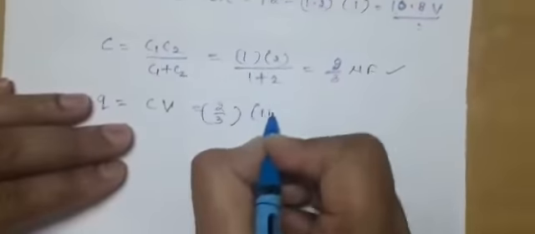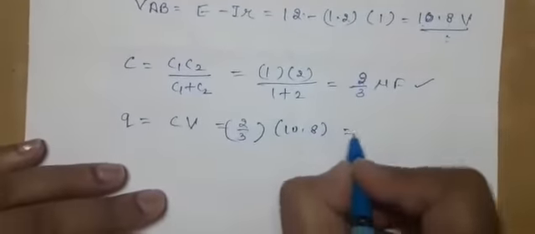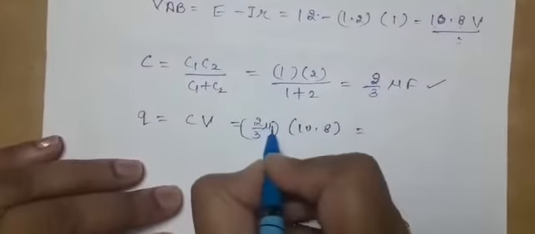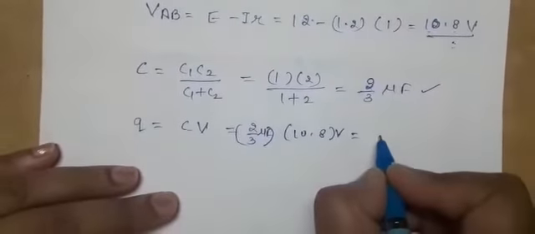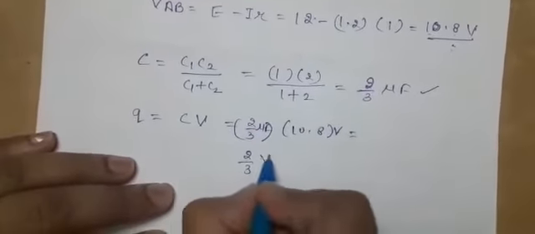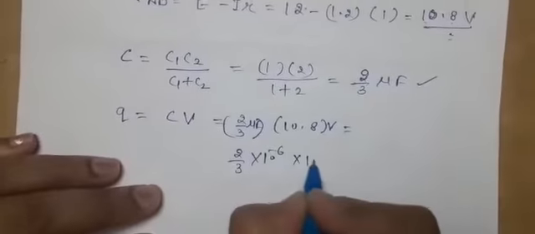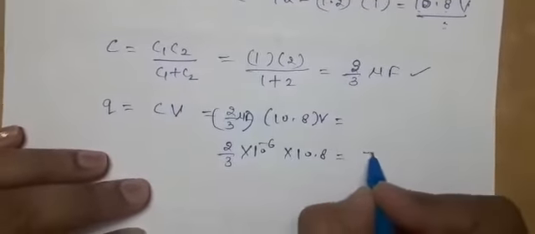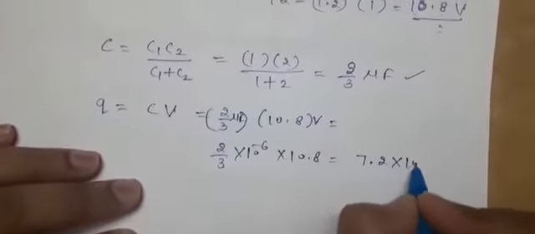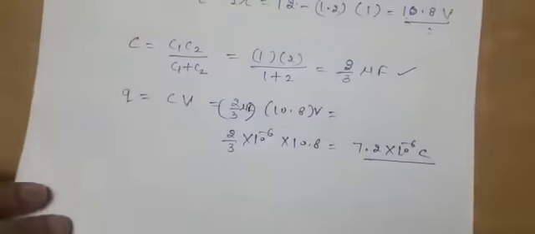That's why we have calculated it. So you multiply by 10.8, and on solving, since this is in microfarad and this is in volt, you write it in farad, and it comes out to be 7.2 times 10 raised to the power minus 6 coulomb.